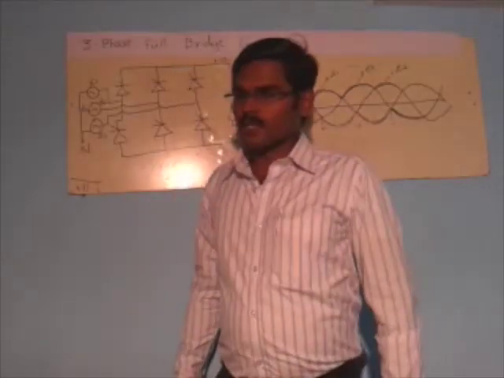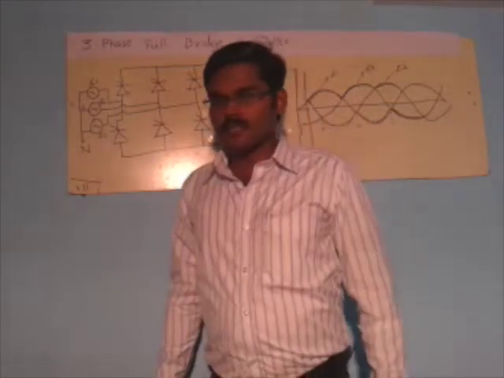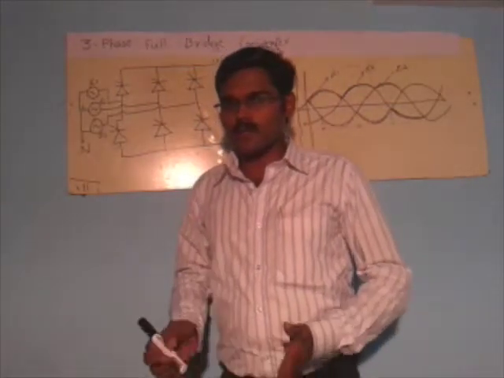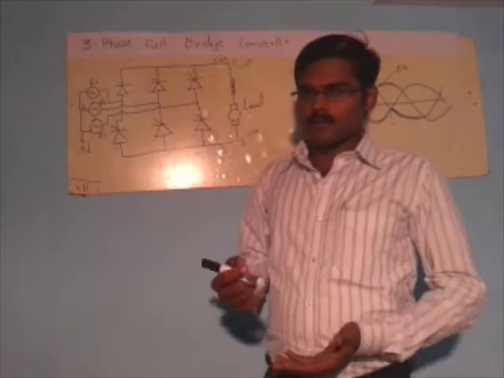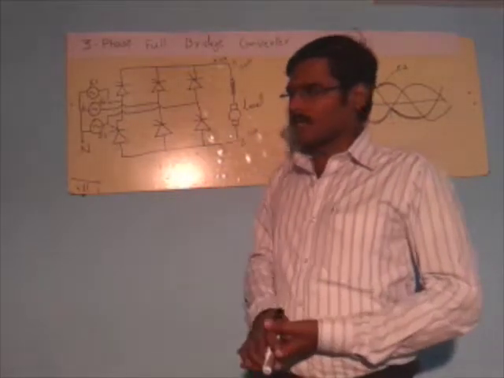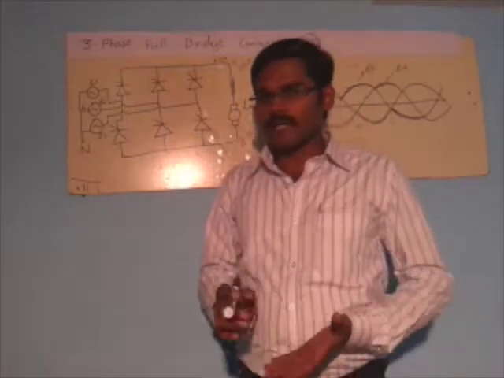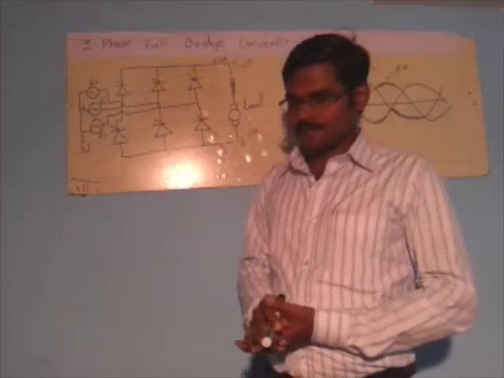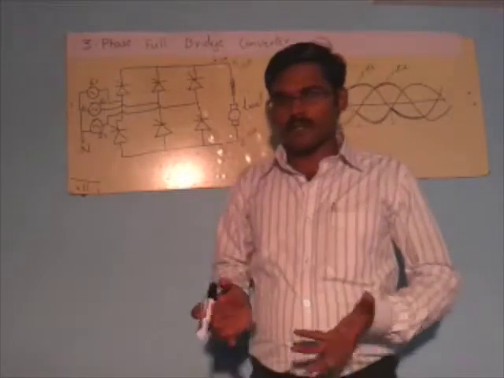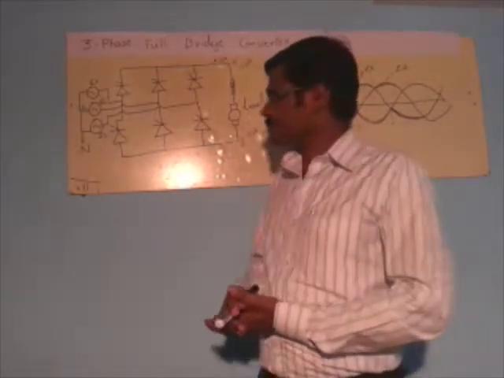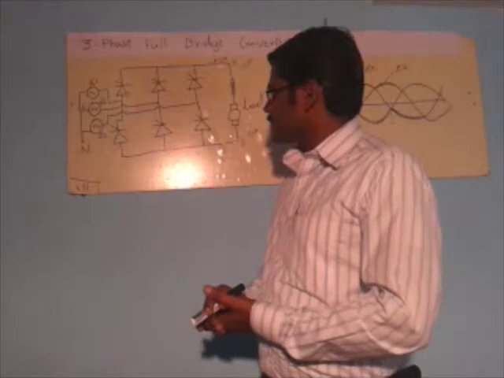The output voltage of a 3-phase full bridge converter we can control by delaying the current transition from one thyristor to another by an angle alpha. Alpha is equal to pi by 3. Why pi by 3?